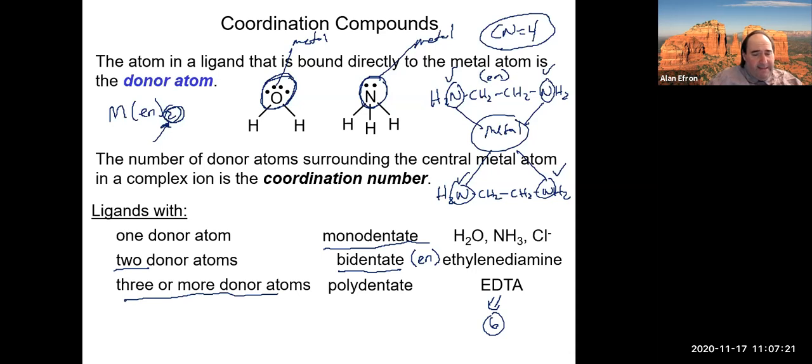Another common bidentate one is oxalate, C2O4 2 minus. It looks something like this. This is a very common one that we come across.